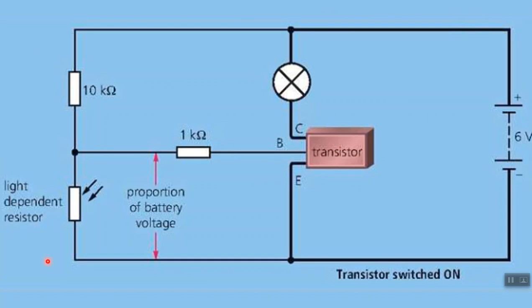So this is what we call a potential divider, like we said first, and the energy is shared amongst this 10 kilo ohm and that LDR. So the energy that comes here depends on the size of the resistance of the LDR.